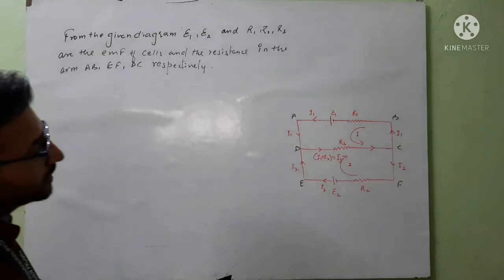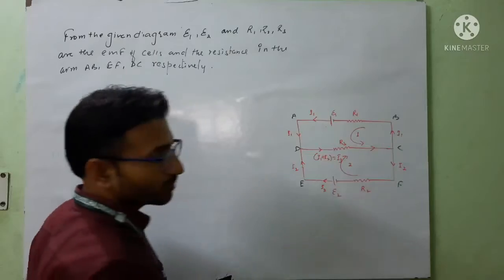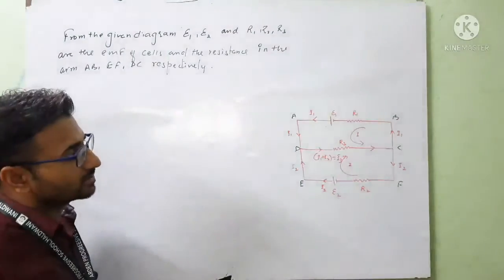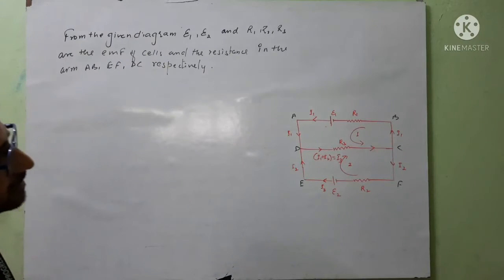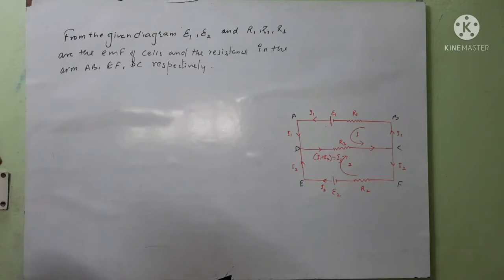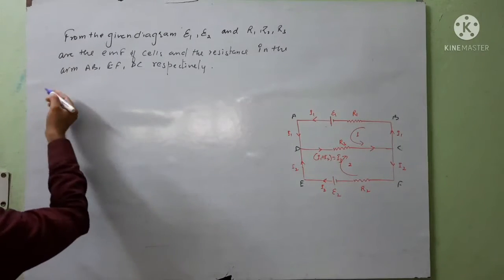Here, dear student, we will take the clockwise or anti-clockwise movement to identify the relation between EMF and the product of current and the individual corresponding resistance. So for this condition I am taking the sign convention.